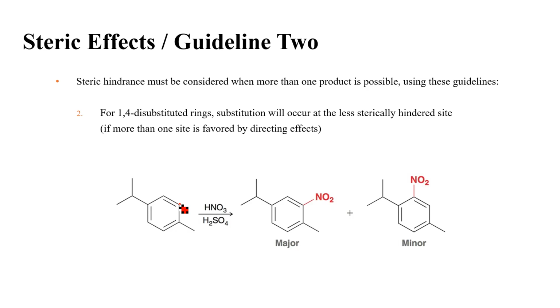So these are way more sterically available ortho positions than the other one, right? So therefore, the major product here is going to be where the NO2 is ortho to the methyl group. Okay, so this is going to be the major product. Okay, hopefully that makes sense.